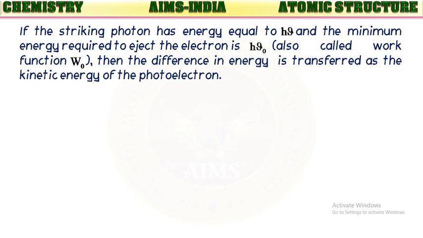If the striking photon has energy equal to h nu and the minimum energy required to eject the electrons is h nu naught, then the difference in the energy is transferred as the kinetic energy of the photoelectrons.